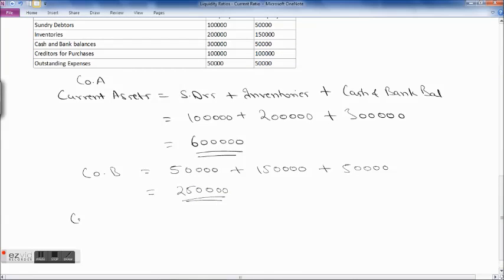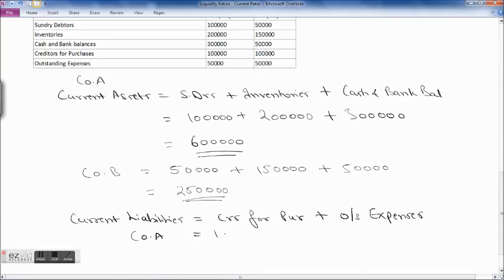Current liabilities is equal to creditors for purchases plus outstanding expenses. So creditors for purchases is how much? In case of company A, creditors for purchases is 1 lakh plus outstanding expenses 50,000.